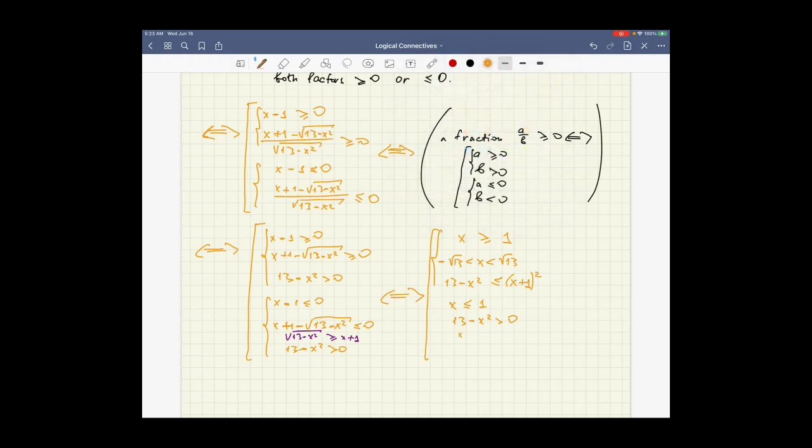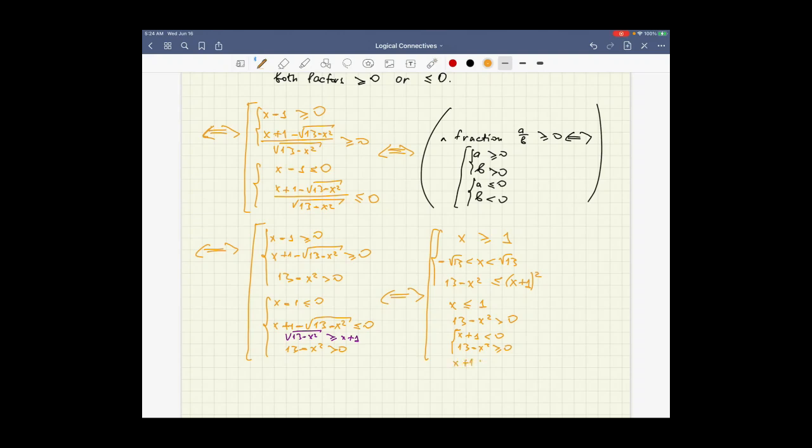Well, if x plus 1 is less than 0, it's enough to have the left-hand side exist, which is automatically true because we already have that condition.